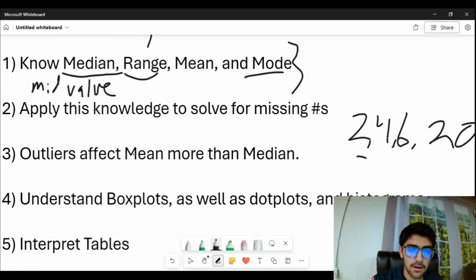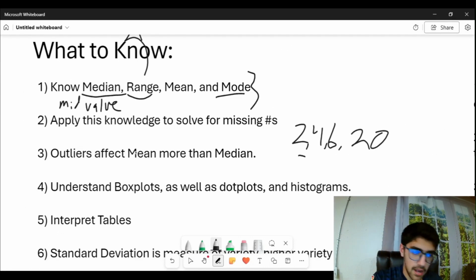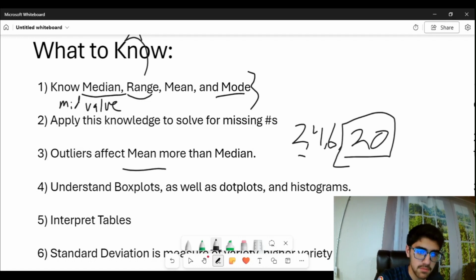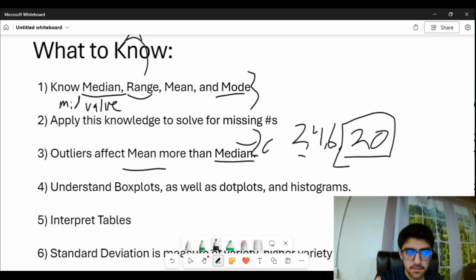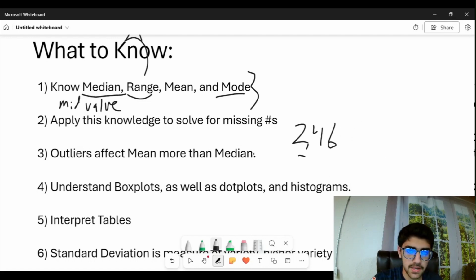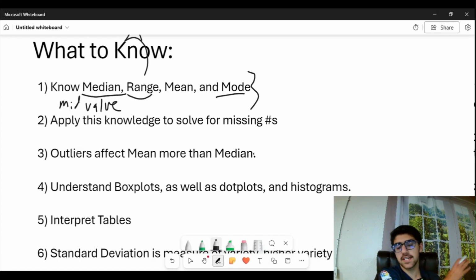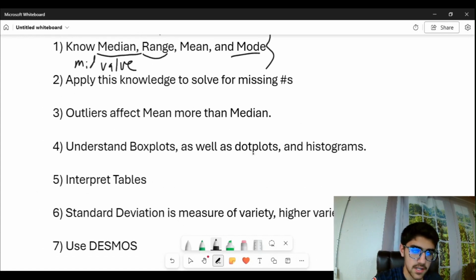Which one is going to be higher, the mean or the median? There's an outlier, so the outlier is going to affect the mean more. The mean is going to increase more than the median. Or if it was negative 20, the mean would decrease more than the median. Same thing. It depends on which direction, the negative or the positive direction.